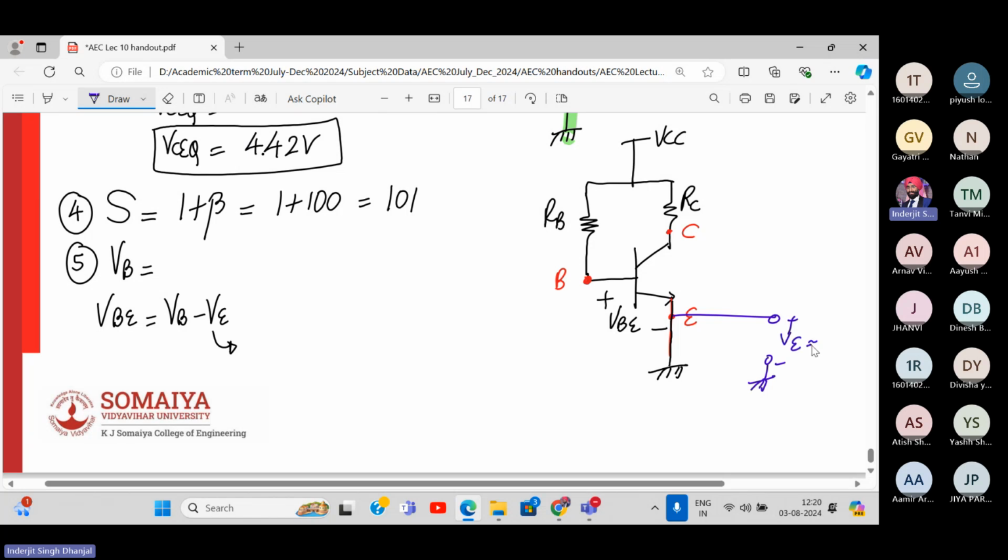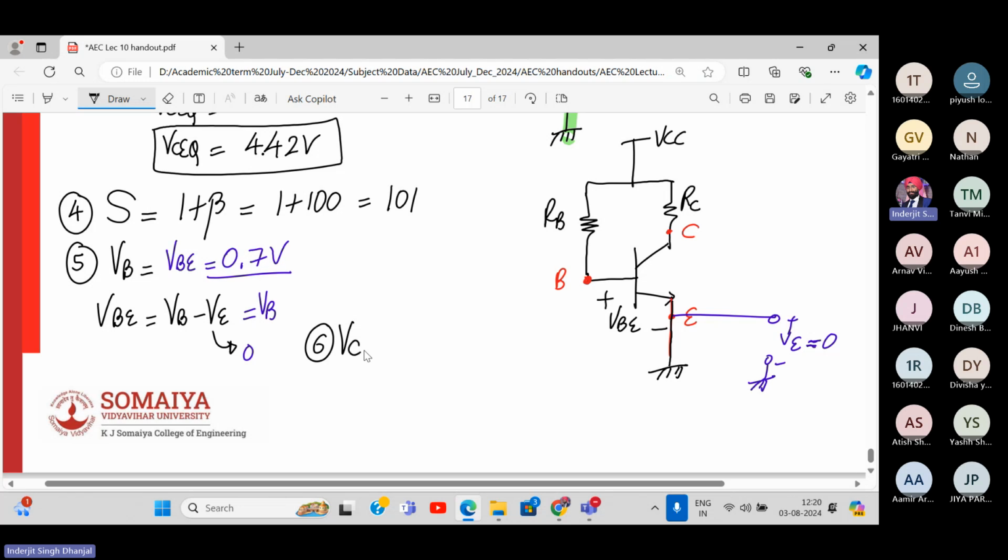It is zero because the emitter terminal is directly connected to ground. So VB will be equal to VBE. So how much is VB then? 0.7. Agree? Yes or no?